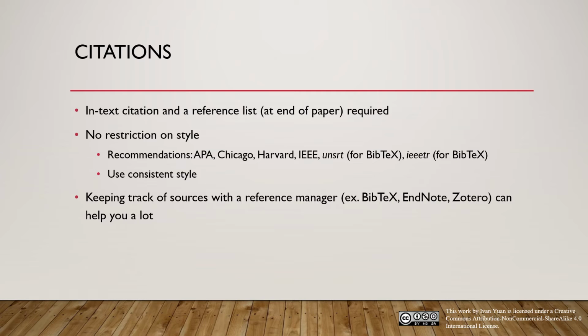For example, if you're using LaTeX, maybe you can use BibTeX. Or if you're not using LaTeX and you're just using a conventional document editor, you might want to try EndNote, which is paid, or you can try an open source alternative called Zotero. They can help you a lot because they help you stay organized, which is extremely important.